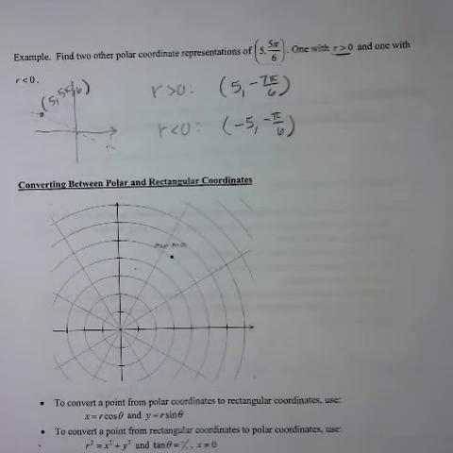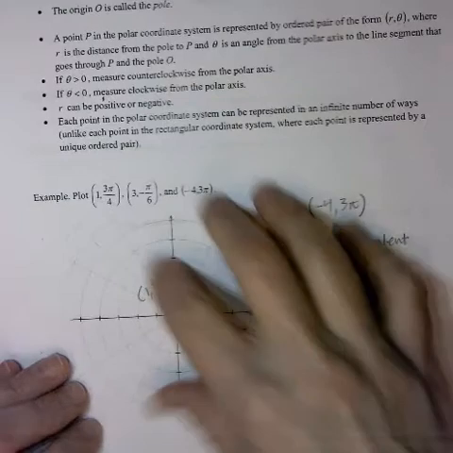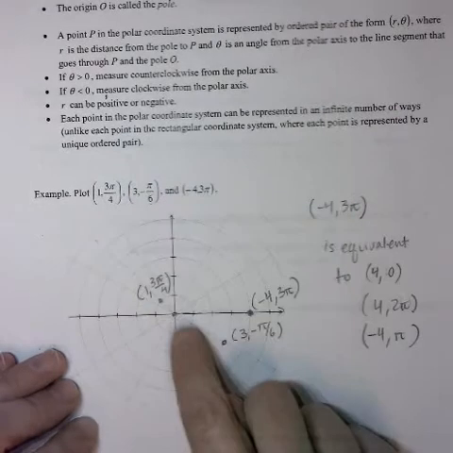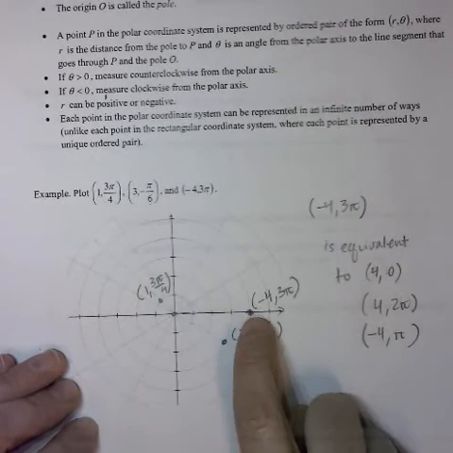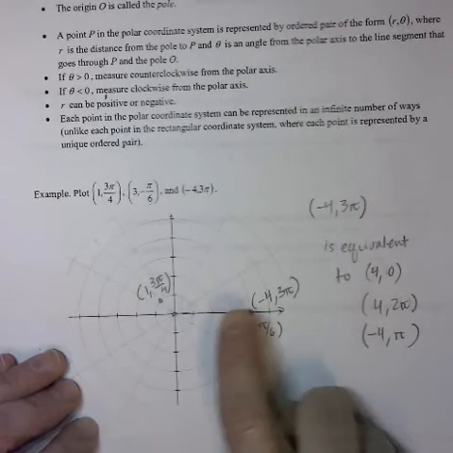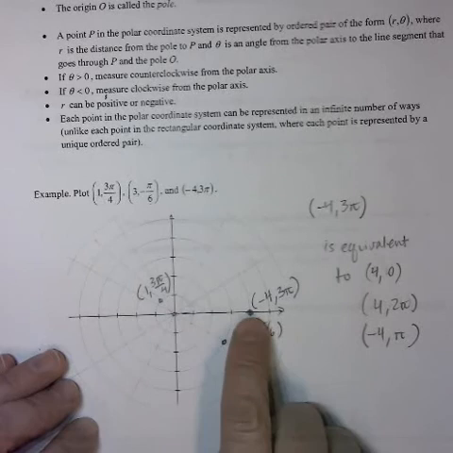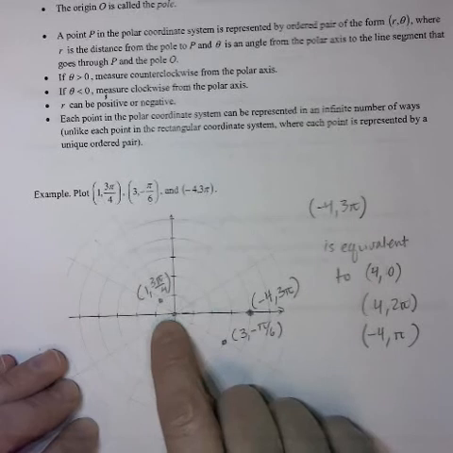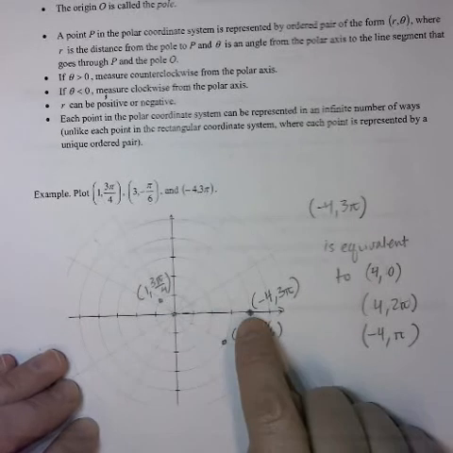All right, now I talked about superimposing the xy plane onto the polar plane. And if we do that, we can think about the coordinates in polar form or in rectangular form. So like this point here is -4, 3 pi, but that's just in rectangular form. X is 4, y is 0.